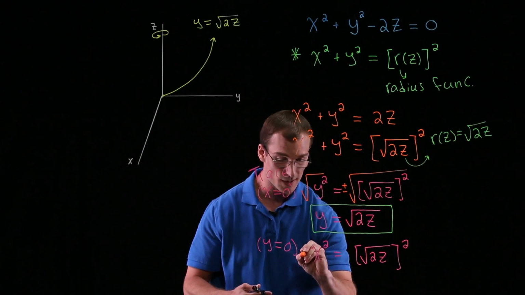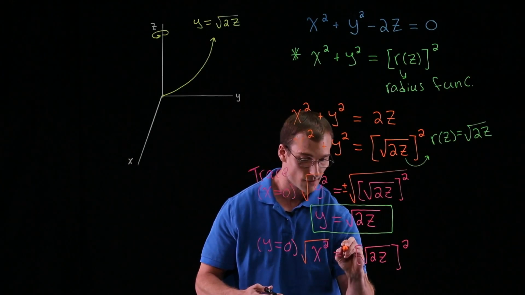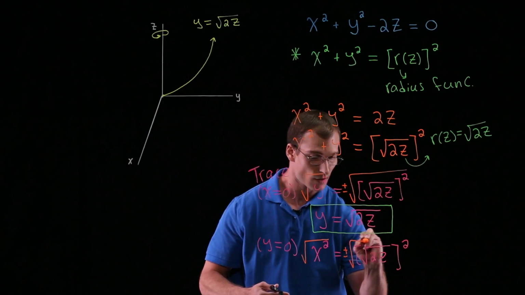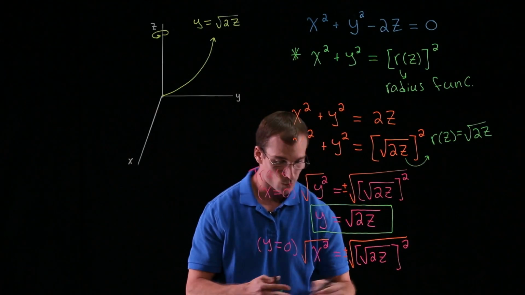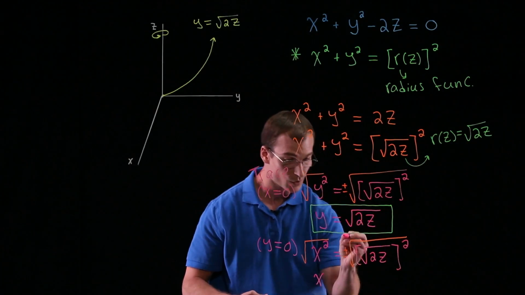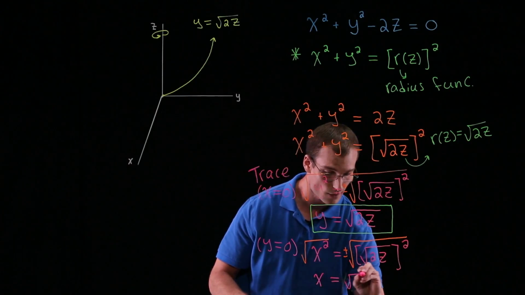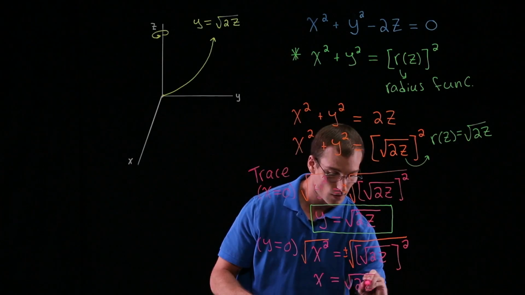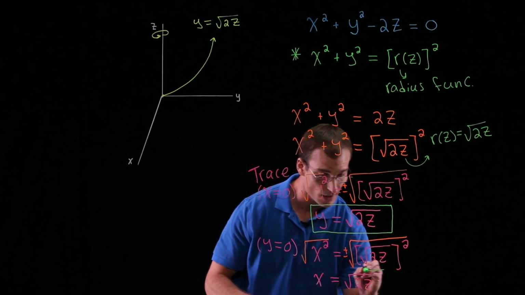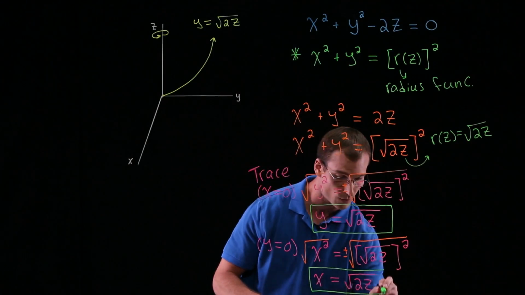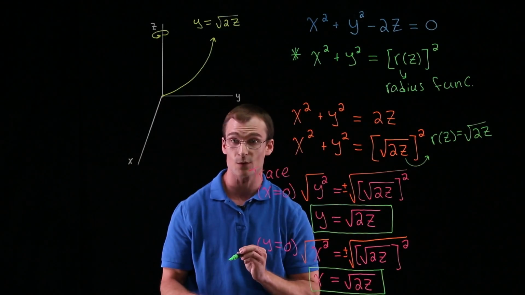Doing pretty much the same thing, taking the square root of both sides, leaves us with x, technically plus or minus, but again we'll take the positive square root of 2z. So that's our second possible generating curve: x is equal to the positive square root of 2z.